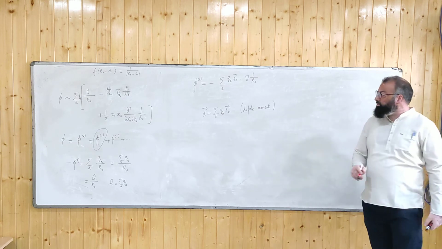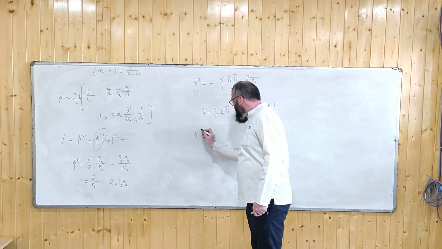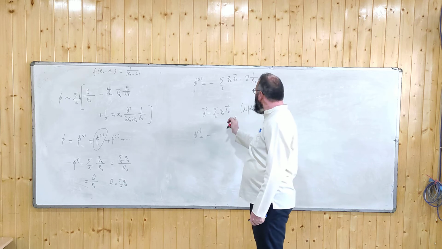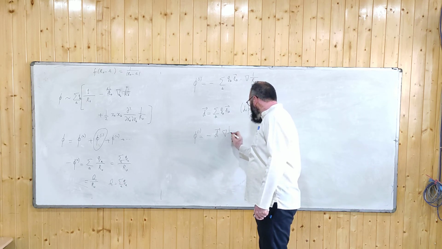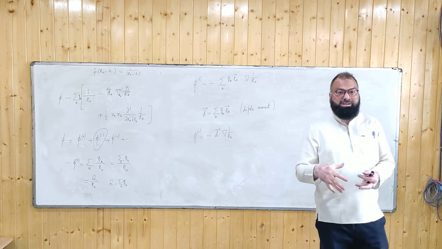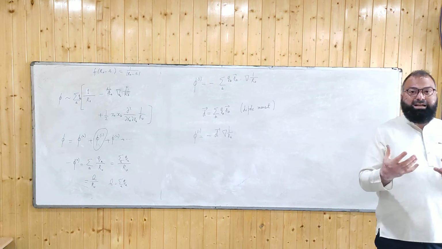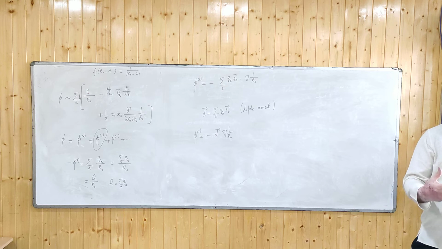Okay, so what does it mean? It means my potential phi 1 is equal to minus D dot nabla of 1 by R naught. This is the first order correction to the field, and it looks like a dipole contribution.